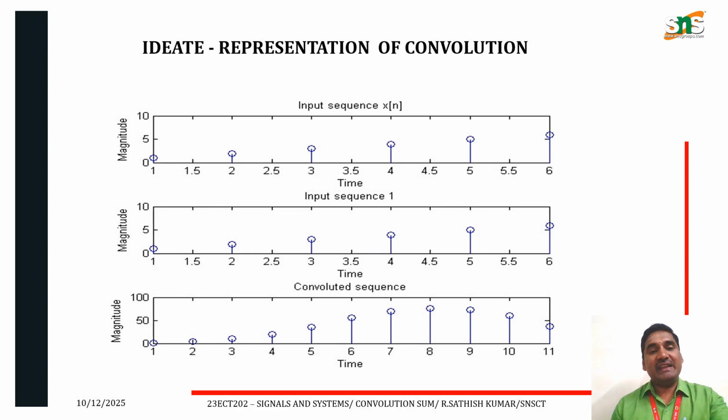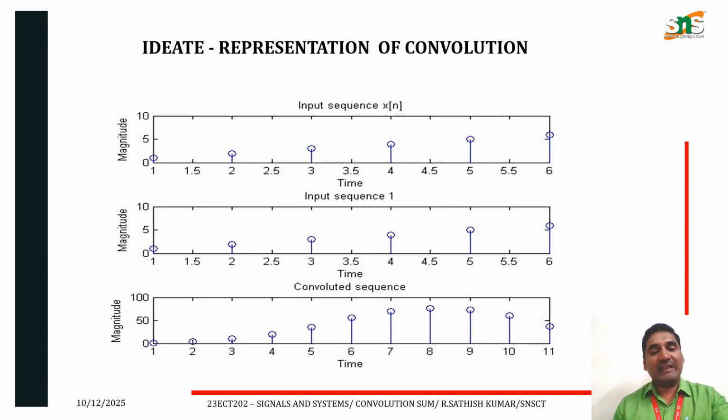Next, this is the representation of the convolution. First, we take the given sequence as the input sequence x of n, and we also give another input sequence. Finally, using either the definition method, graphical method, multiplication method or tabulation method, for these two input sequences we can use any one method to find the output as the convolved sequence. y of 0 is equal to 1, y of 1 is equal to 1, y of 3 is equal to 2.